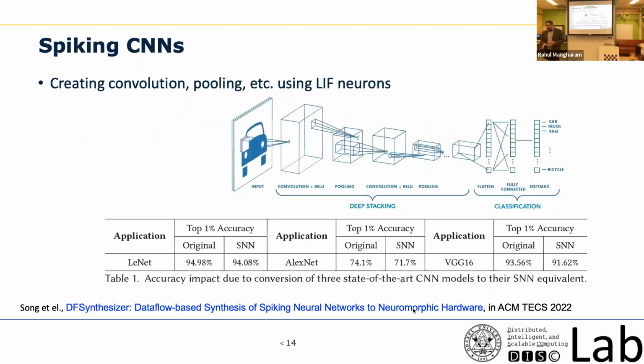So as I was saying, with spiking neural networks you can create any type of operation like convolution, pooling, and so on using leaky integrate-and-fire neurons. In our previous work, we developed a model which can convert any CNN model that you give into a corresponding spiking version, where the normal neurons and activation functions are replaced by, for example, leaky integrate-and-fire neurons.